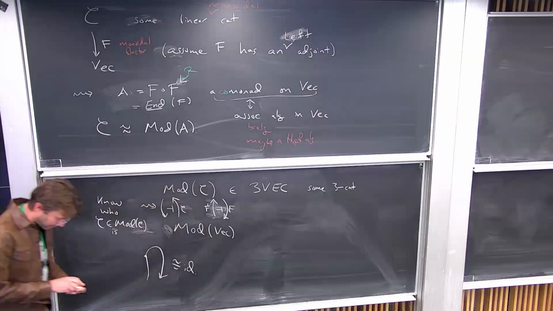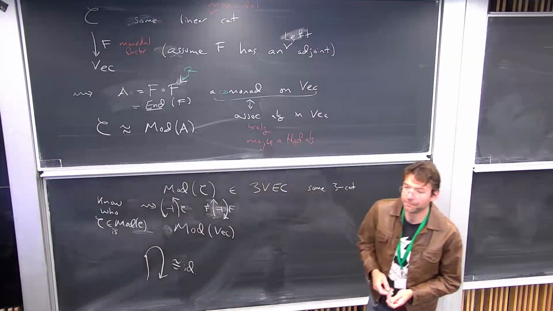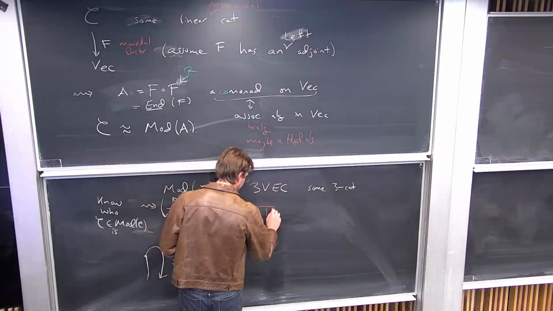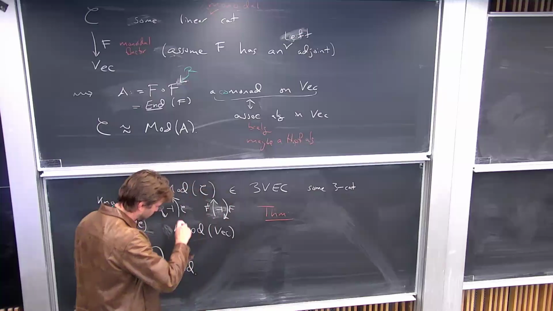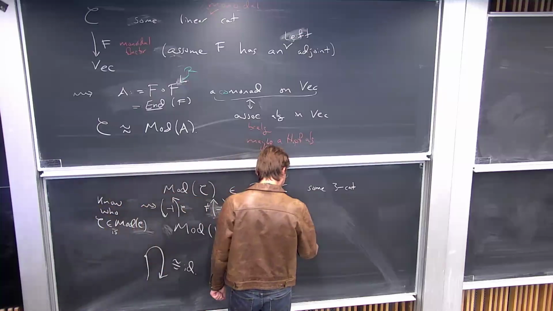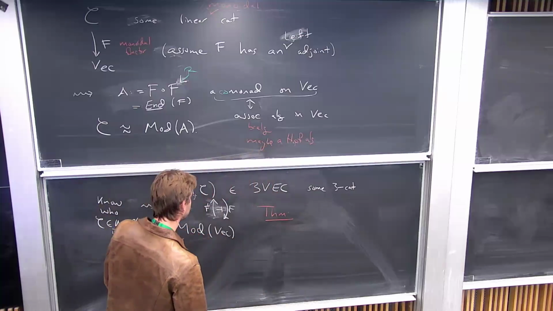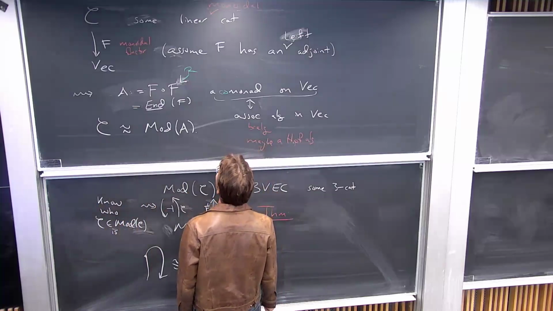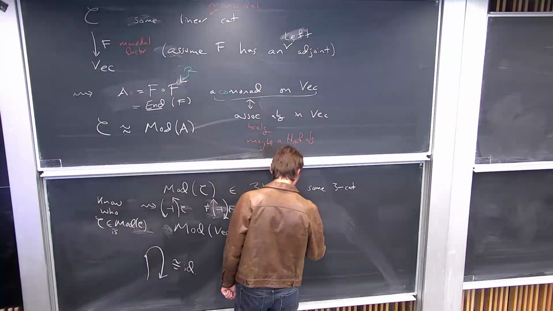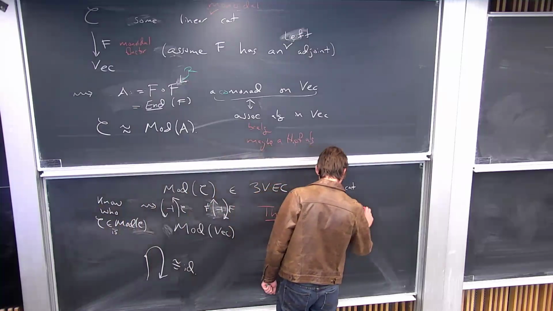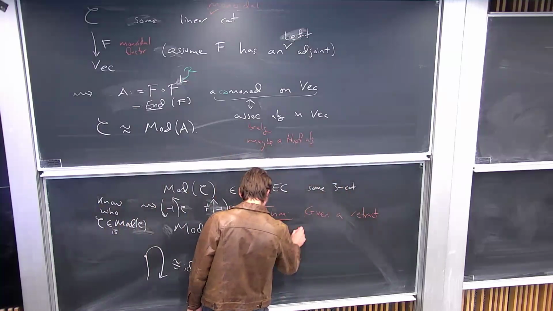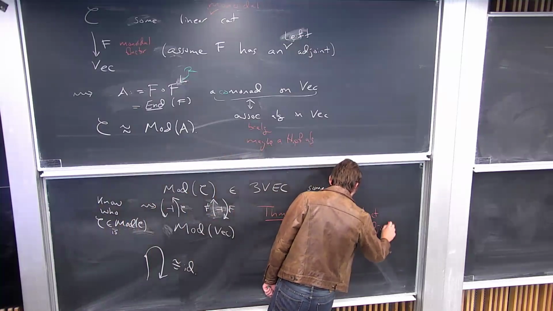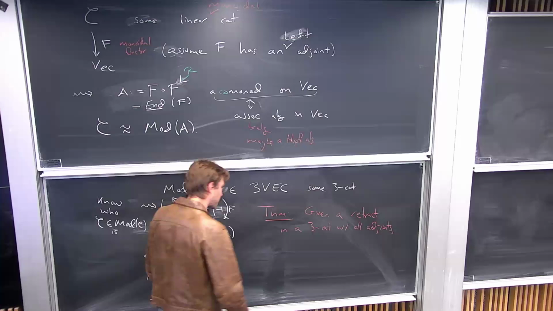So let me state the theorem that I have in mind, and then I'll start to explain it. The theorem that we proved is that, given a retract in a 3-category with all adjoints, we get a Hopf algebra.